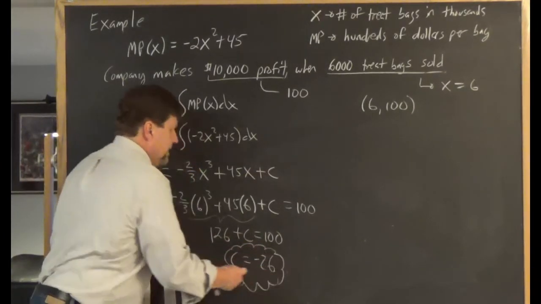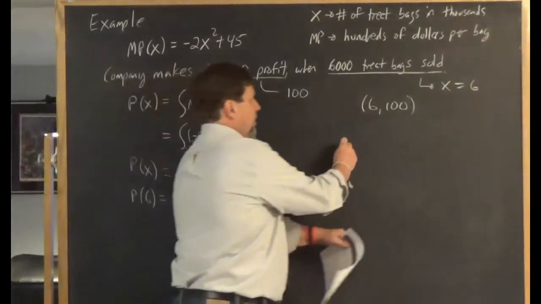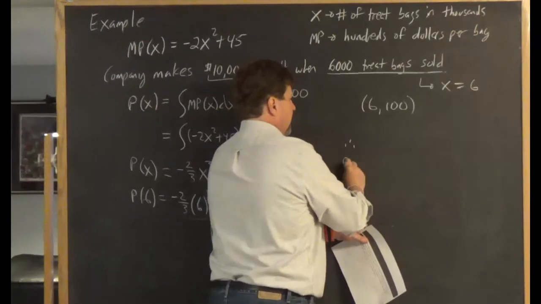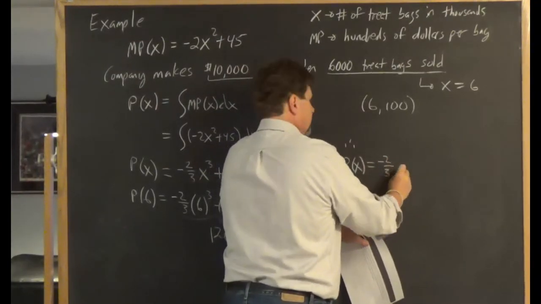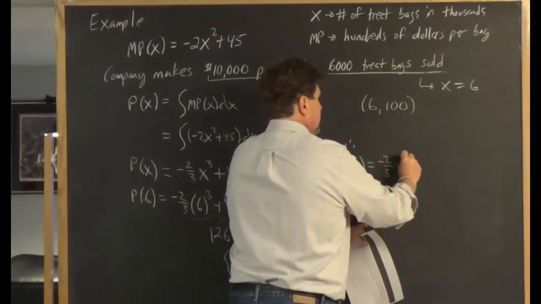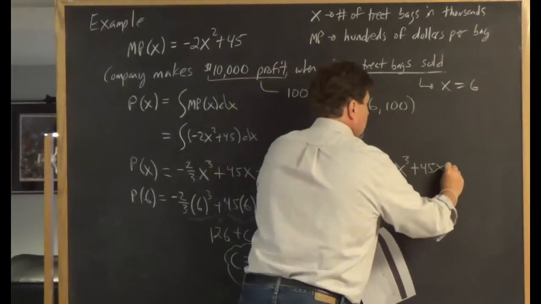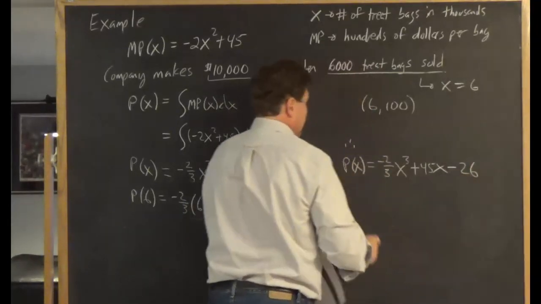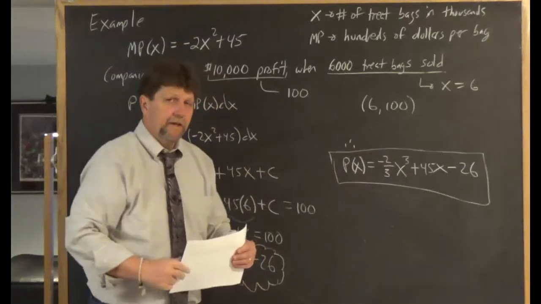Once you know what the constant is, you toss it back in here, and we conclude that the profit function is negative 2/3 x cubed plus 45x minus 26. We have recovered the profit function.